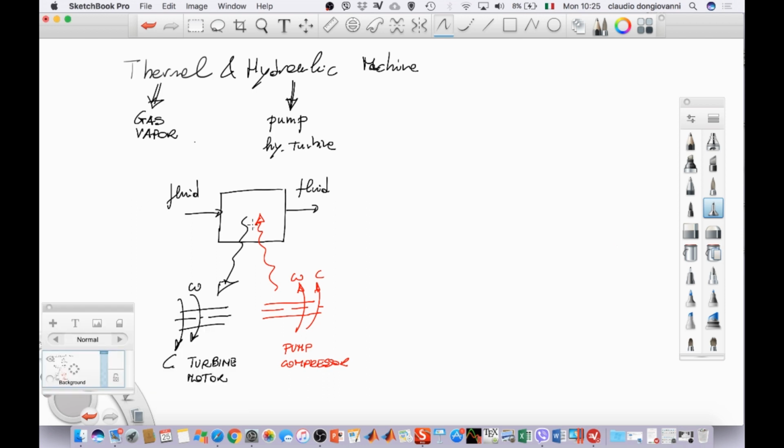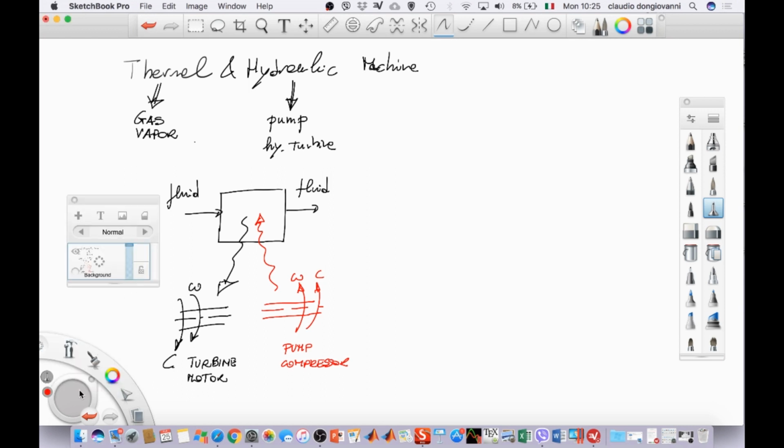What happens in the machine can be really different. Always we have to work in our machine in some way. There are two big different types of machine.